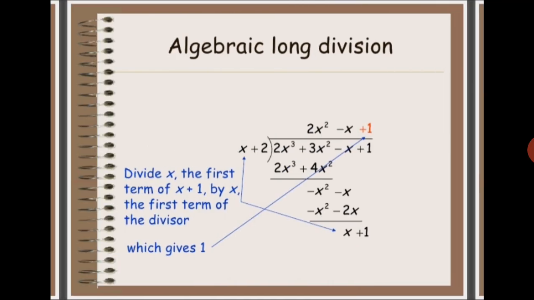Next, we are going to compare x and x of the divisor and the new polynomial that we have got. When we multiply x by 1, we get x. So the third term of the quotient is plus 1.